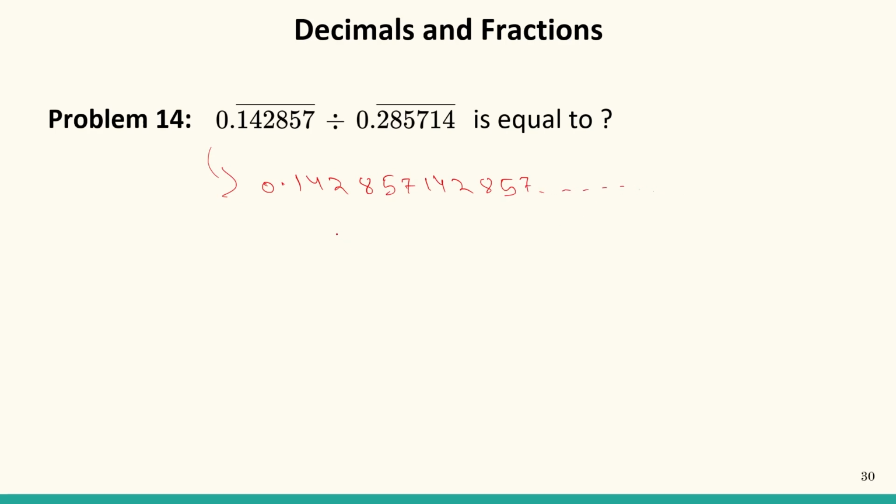To write this in fractional form, write 142,857, then count the number of digits being repeated: 1 2 3 4 5 6. So write 6 nines, 999999. This is the trick here.